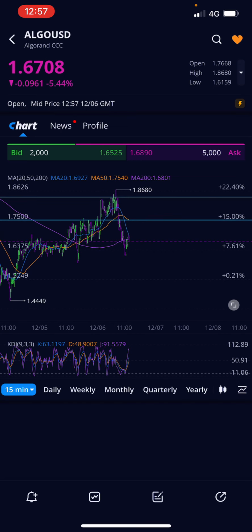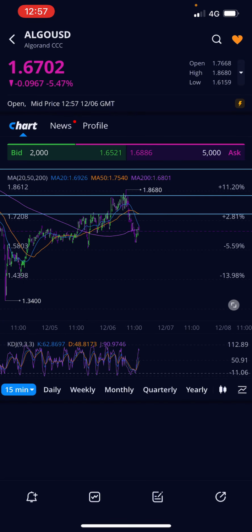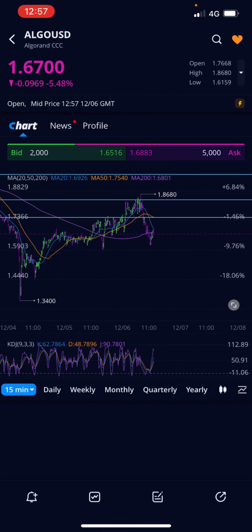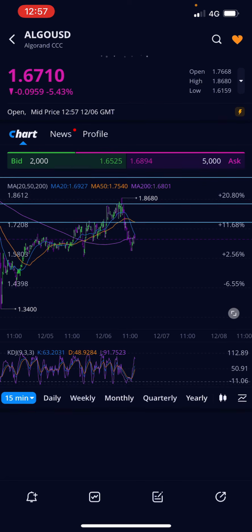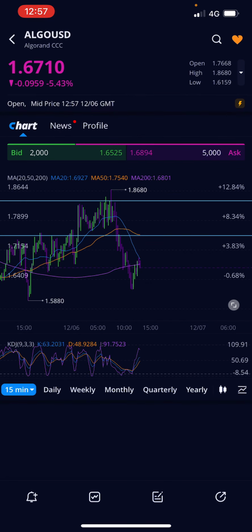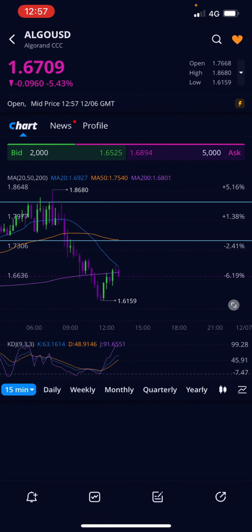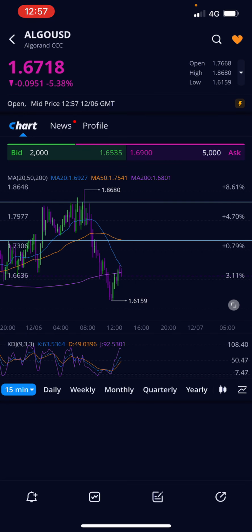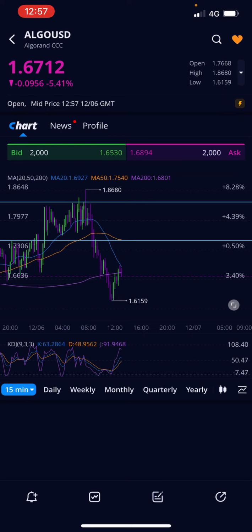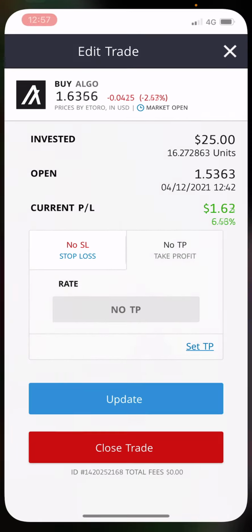But the way it looks, it's just above the support line for the lower one which I haven't drawn yet. So it's going around there. We can see that it touched 1.86. So for this one, I'll change it.